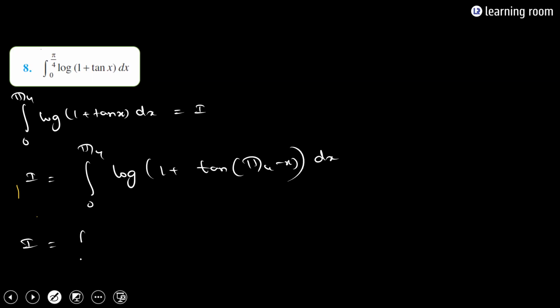So I will be equal to integral of 0 to pi by 4 log of 1 plus tan (pi by 4 minus x), which is (1 minus tan x) by (1 plus tan x).